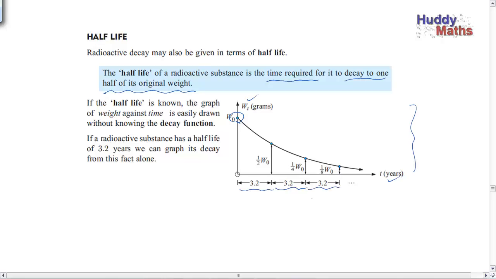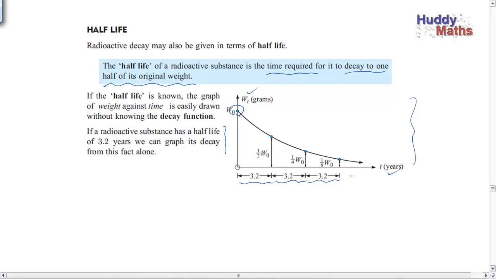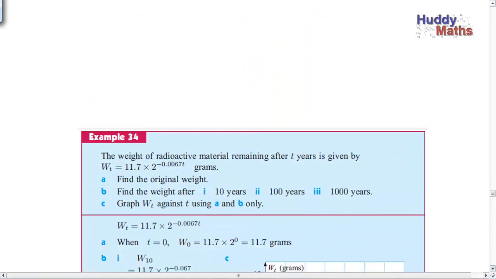So the idea here is that we could actually graph it without a formula. We could use the graph alone as a mathematical model. Remember, a mathematical model is a mathematical description of a practical situation. It could be a graph, a formula, a table, a sequence. Okay, so let's try and use exponentials now to model that situation here.